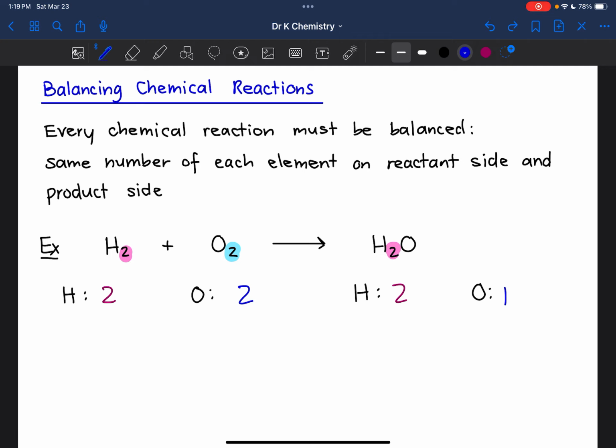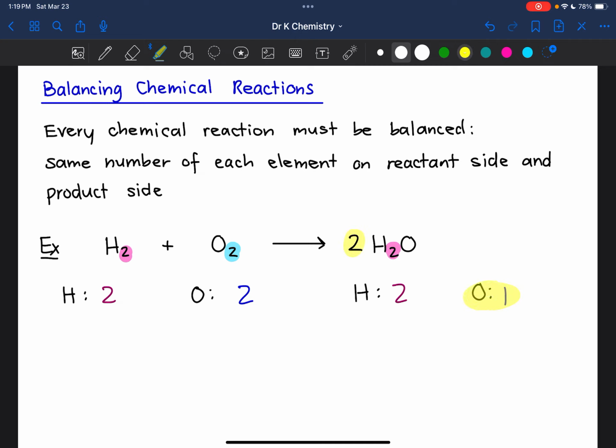We can't change the subscript. We can't just take this number and multiply that by 2, because then we change the identity of the substance entirely.